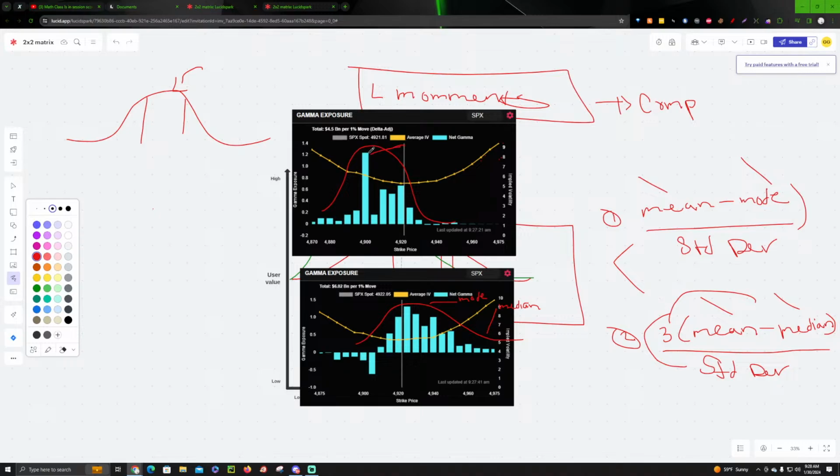So mode, and then now how we get an average median, this is probably going to be skewed more towards the right, so somewhere around here. And basically you would get the decimal amount if you want to go the math route, right? I would just stop here if I'm just a trader that doesn't care about the math.